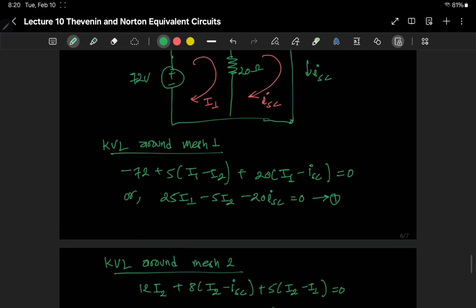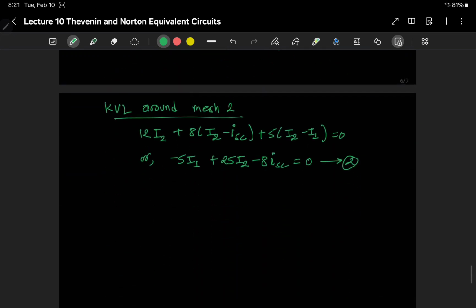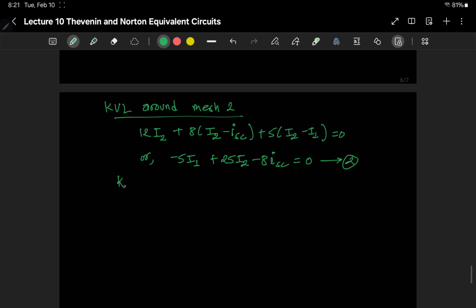And now we can apply KVL around mesh 3, which will be 20(isc minus i1) plus 8(isc minus i2) equals 0. So this one is even easier.